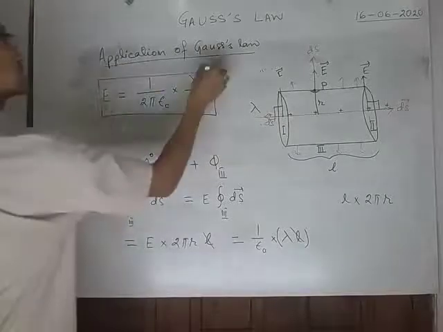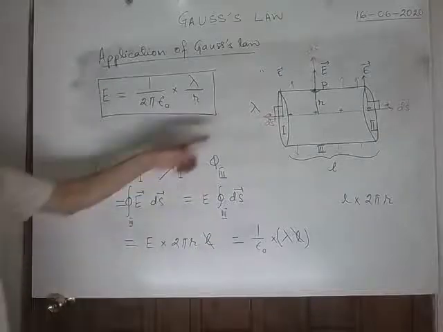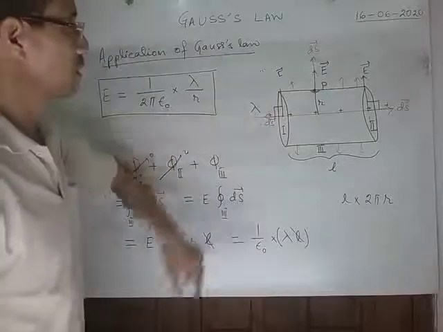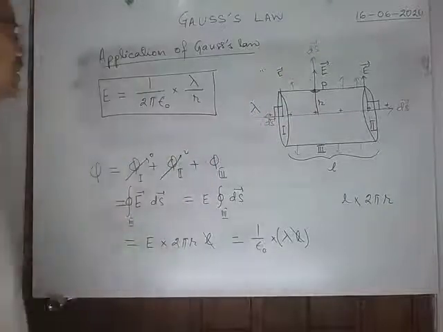So this is the magnitude of the electric field E due to that infinitely long, uniformly charged, straight conductor.